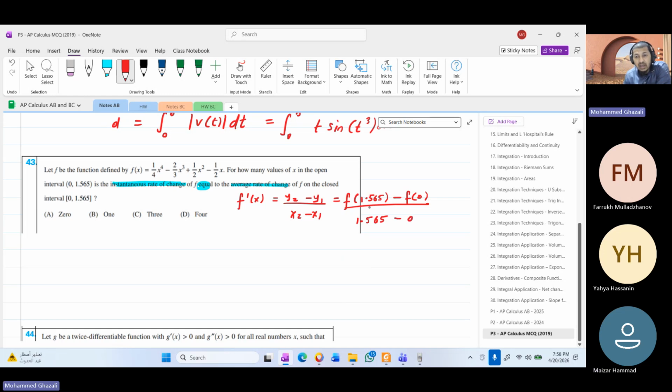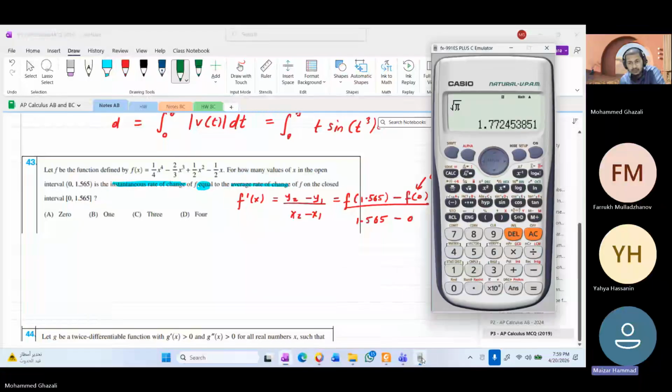Let me substitute in. To substitute 1.565, no need to substitute f of 0 because f of 0 is just 0. You just need to substitute 1.565 inside here: 1.565 minus 2/3 times 1.565 to the power of 3 plus 1/2 times 1.565 squared minus 1/2 times 1.565, divided by 1.565.